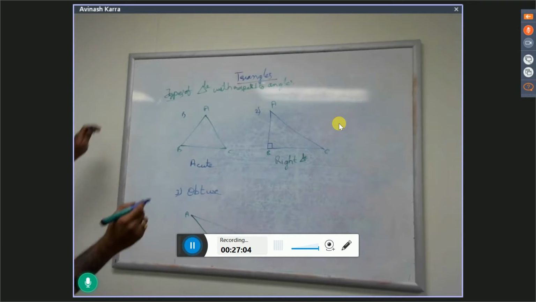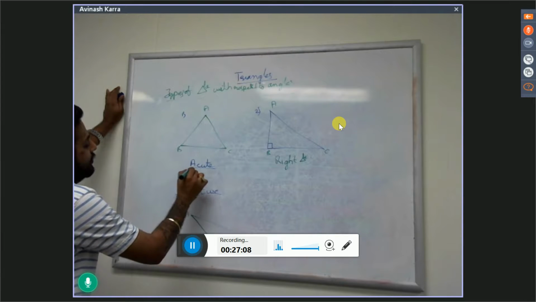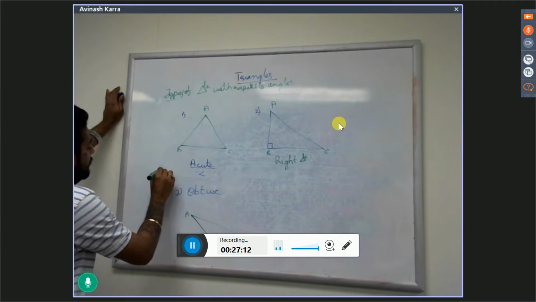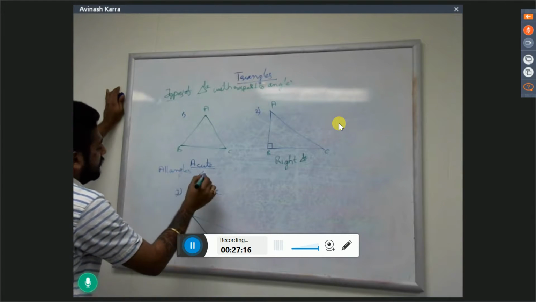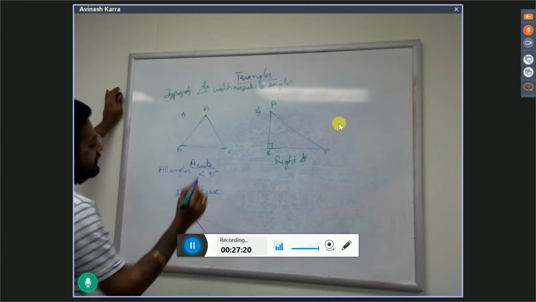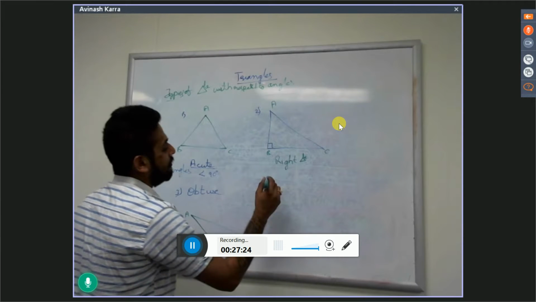What is an acute angle triangle? All the angles will be less than 90 degrees. And what is a right triangle?